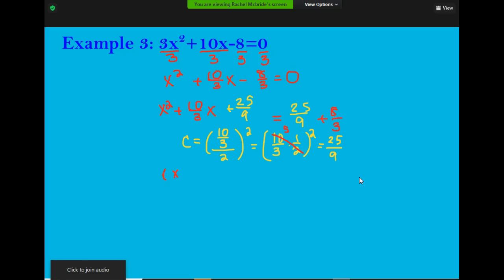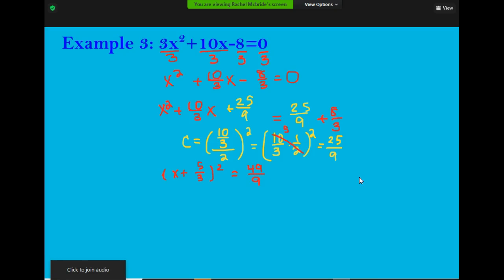So you have x, it's plus because it starts as a plus, 5/3 squared equals, and 8/3 is really the same as 24/9. So 25 plus 24 is 49/9. So we have (x + 5/3)² equals 49/9.